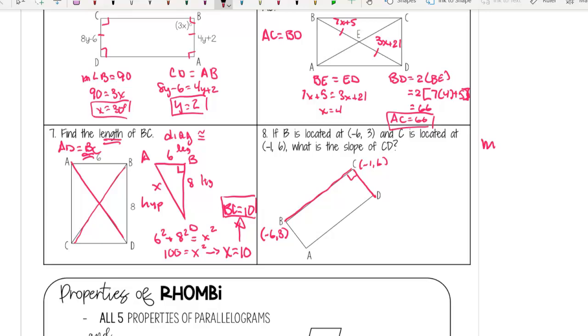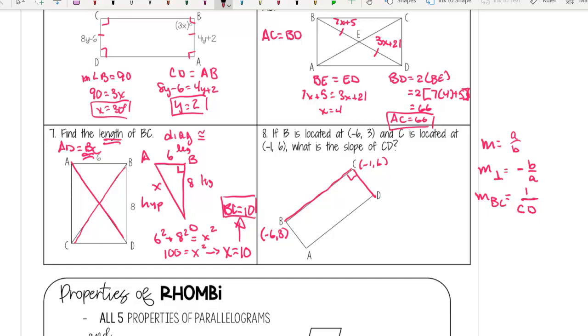So if I have the slope, say it's A over B or whatever it is, the slope of the perpendicular line is going to be the negative reciprocal. So whatever I get for the slope of BC is going to be 1 over the slope of CD.